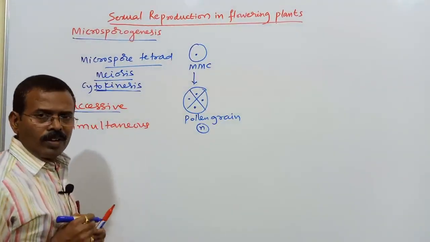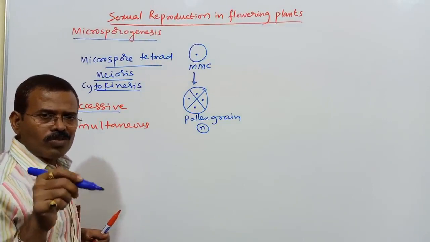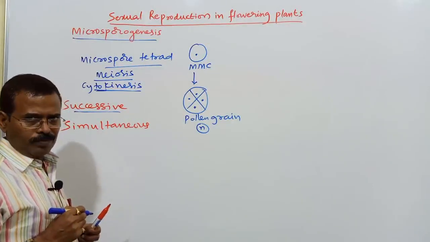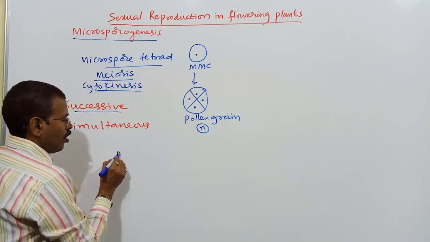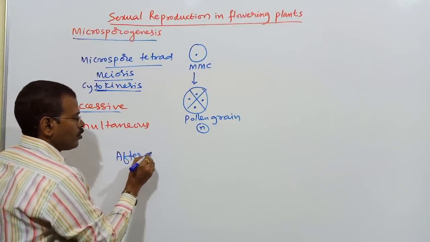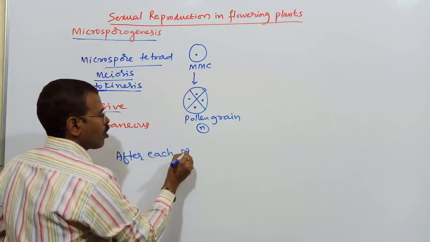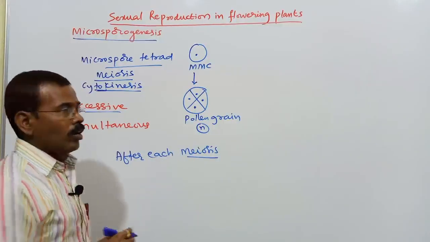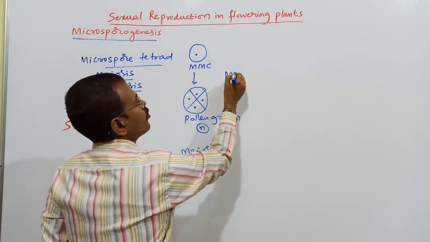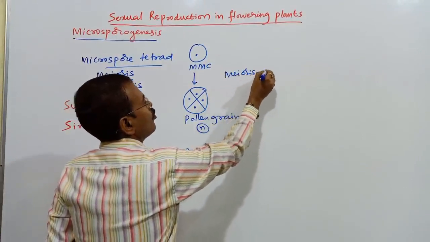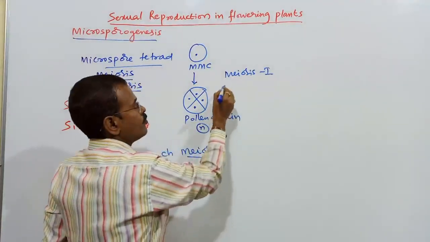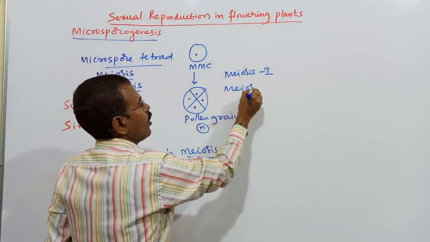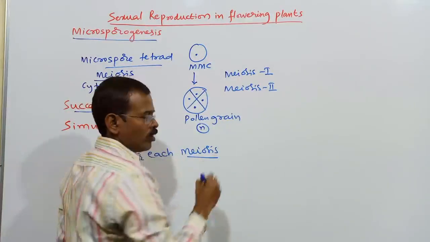Successive. In this successive cytokinesis, after each meiosis... meiosis has meiosis first, then meiosis second.